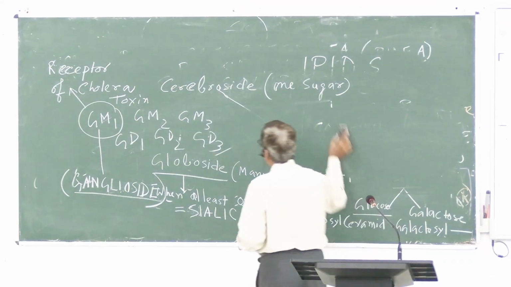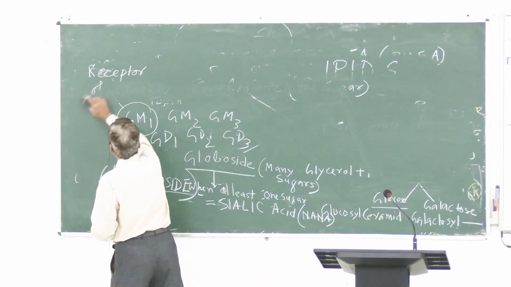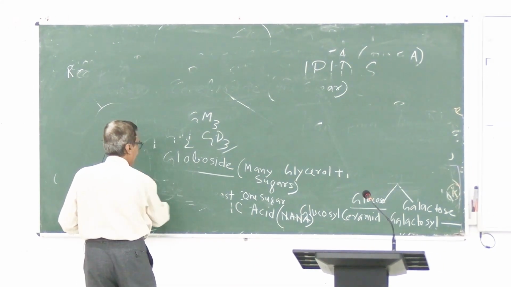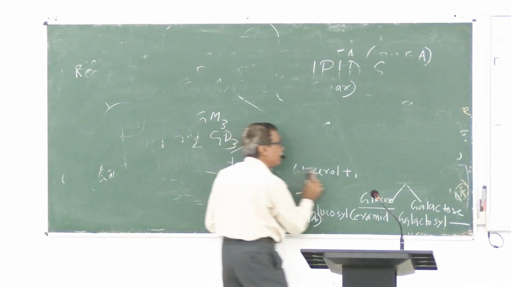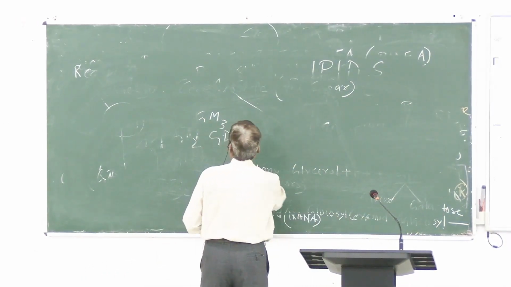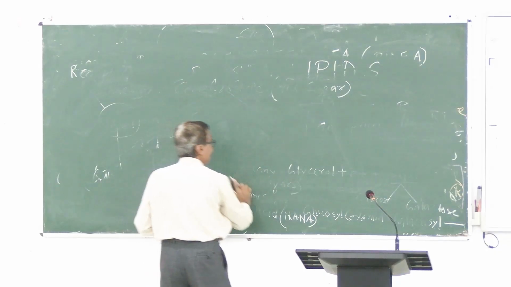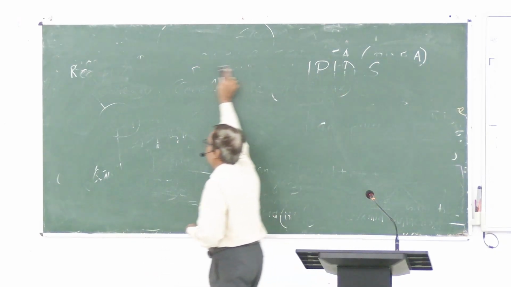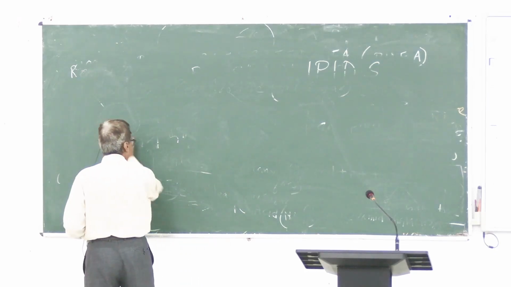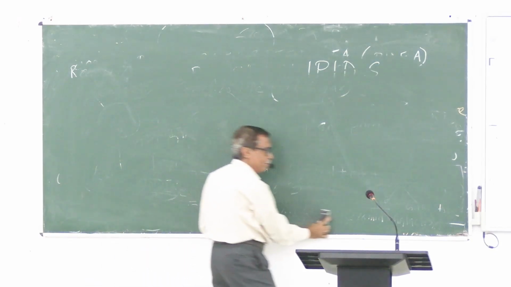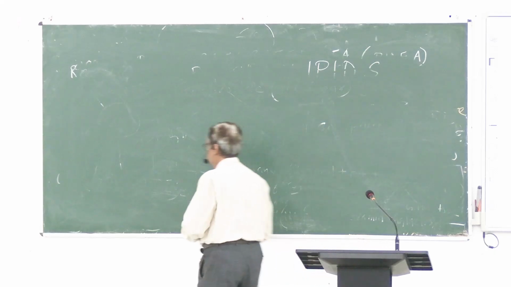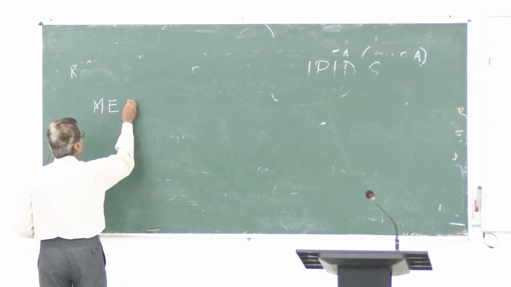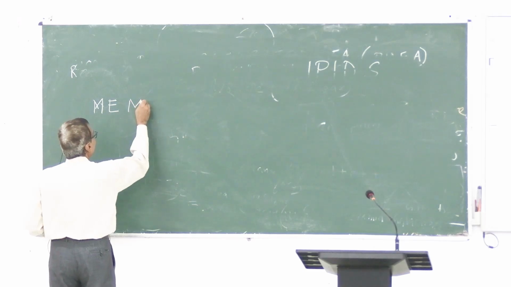Now these are all about the phospholipids and glycolipids. There are three types of lipids present in the membrane. What are the three types of lipids present in the membrane? I mentioned yesterday, membrane lipids are of three types. And the last type is the cholesterol, which I will discuss now. Membrane lipids means lipids present in the membrane.